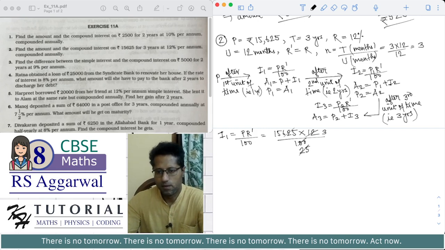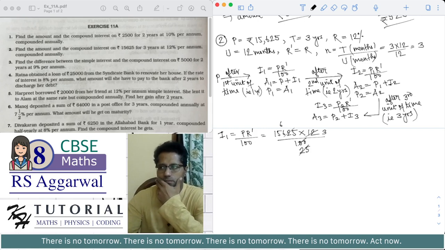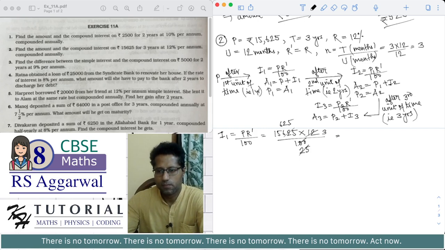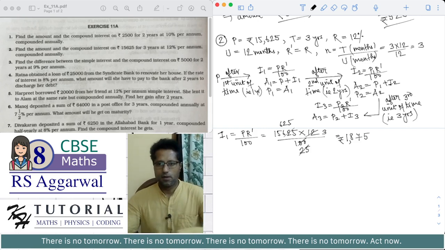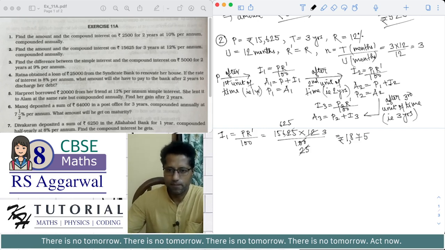So this will be 625, and this is equal to 1875 rupees. 1875 is the interest at the end of the first unit of time.